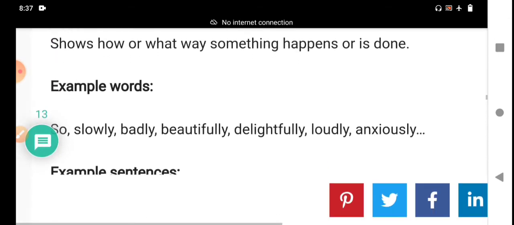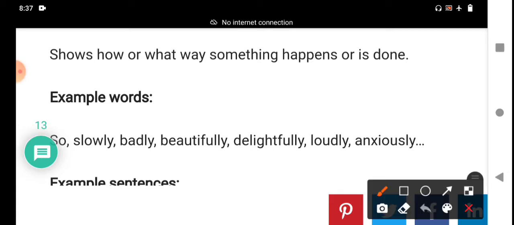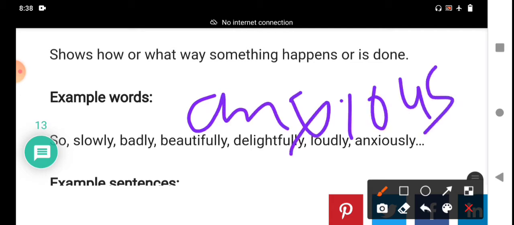Adverbs of manner: slowly, badly, beautifully, delightfully, loudly, anxiously. Anxious is a very important word. At the end of words like dangerous, the ending is OUS.